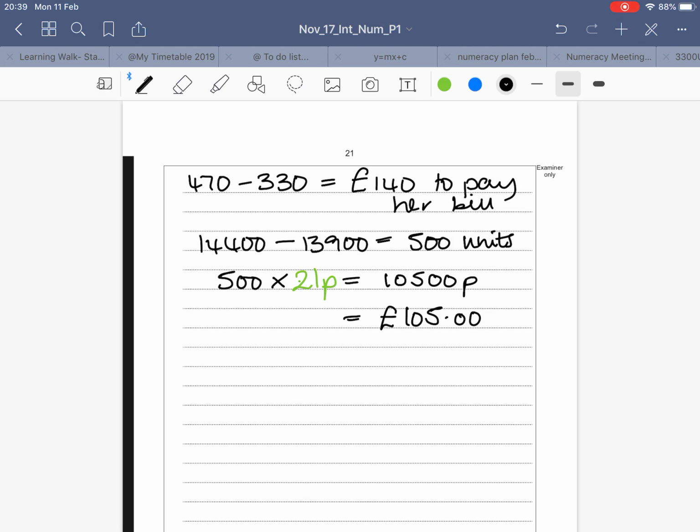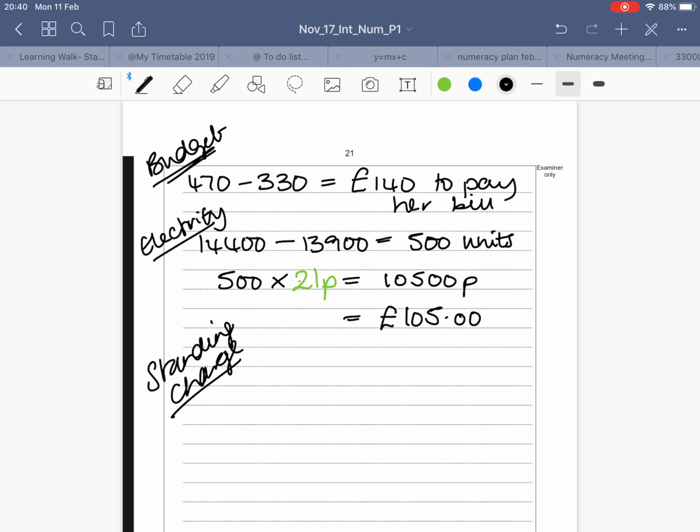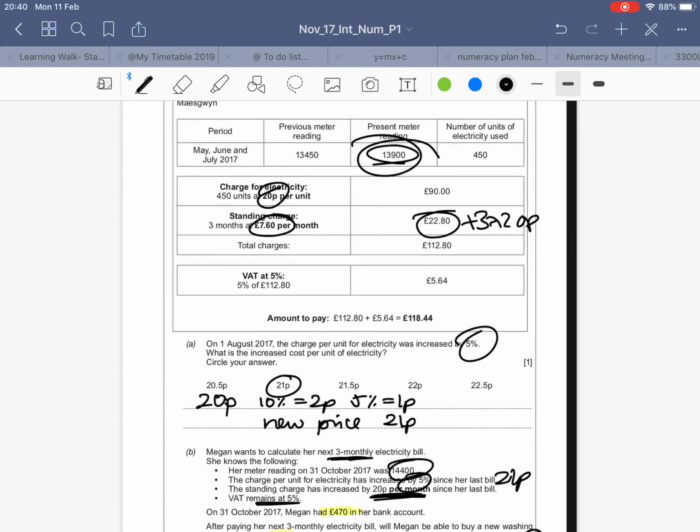But she doesn't just pay for the electricity. I'll just add in some details here so that you know what's going on. Budget, £140 to pay a bill. Electricity is going to cost her £105. But my next heading is standing charge, because she's also got to pay that for the 3 months of having the electricity from the company.